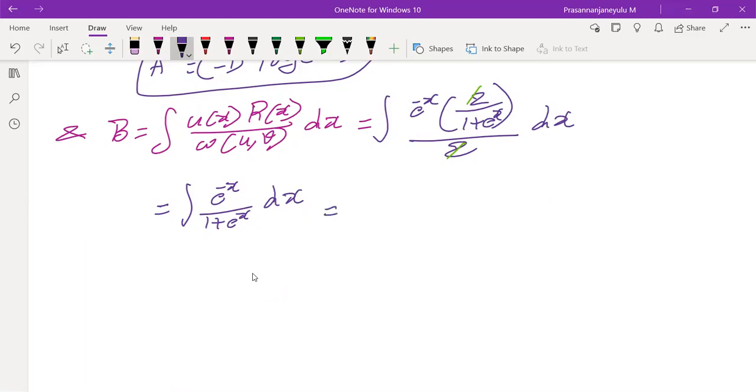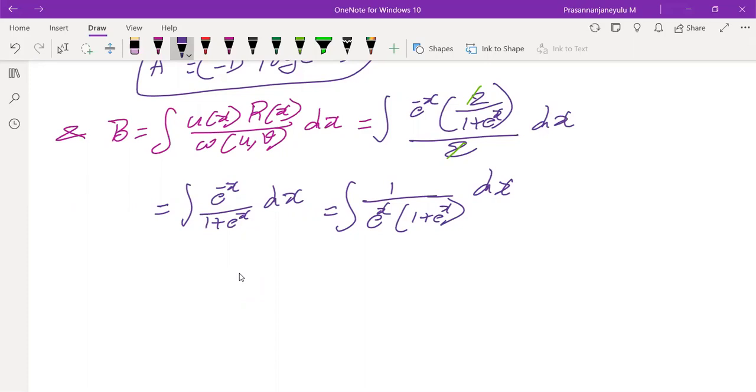So I'm going to bring that e power minus x also to the denominator. It becomes 1 by e power x into 1 plus e power x into dx. Now we have to apply partial fractions here, but the partial fractions you learned in your intermediate are only for denominators containing polynomials in x, like x power 2 or x power 3, or linear powers of x.